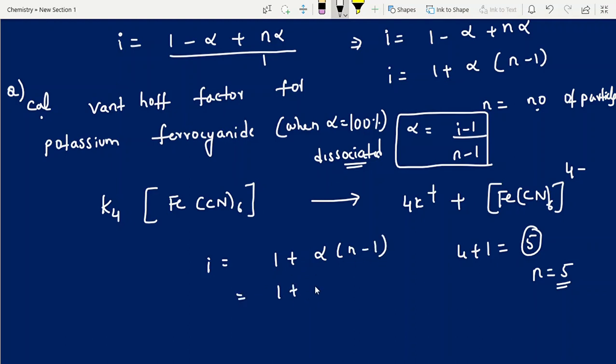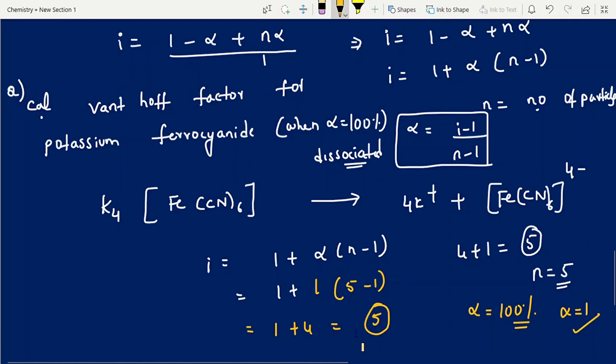Alpha, how much they will give? 100% dissociated is nothing but simple numerical, students. 100% dissociated means you can take alpha equal to 1. Simple. 1 plus 1 into (5 minus 1). Then what you will get? 1 plus 4. Then you will get what? 5. Clear, students?